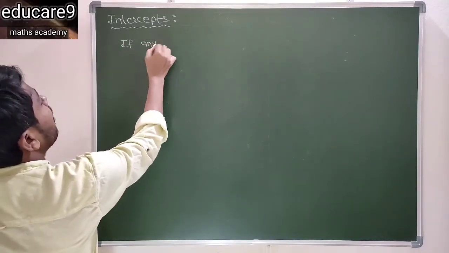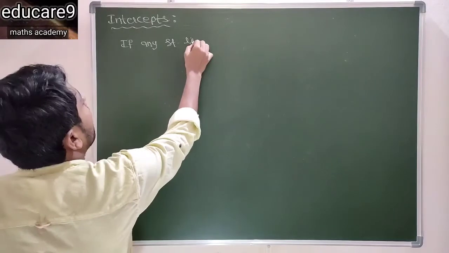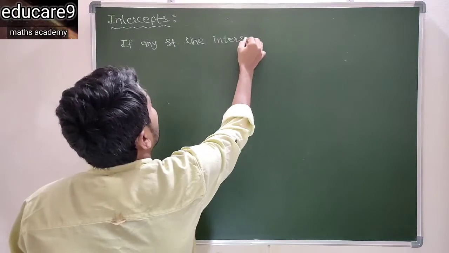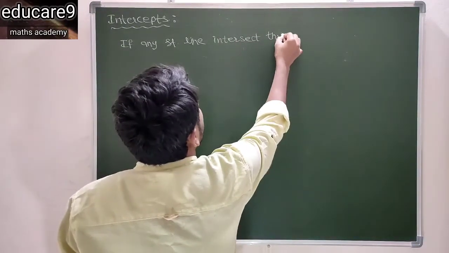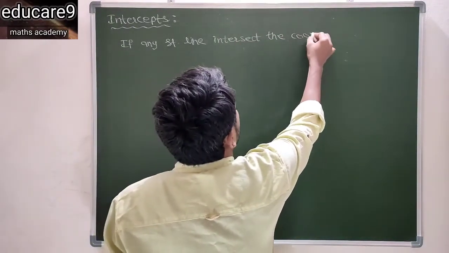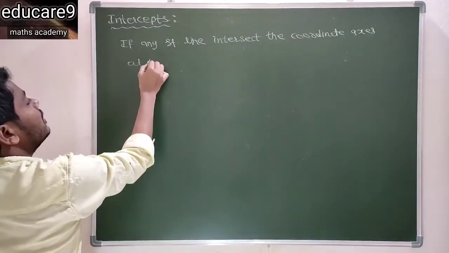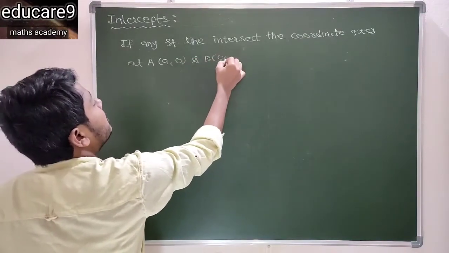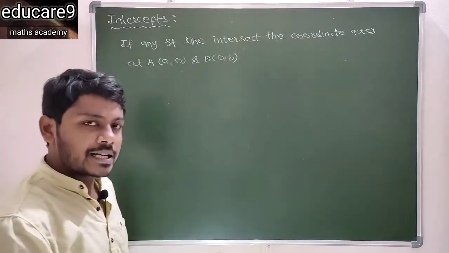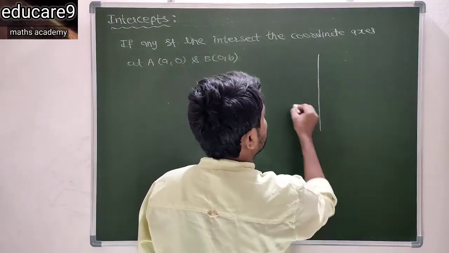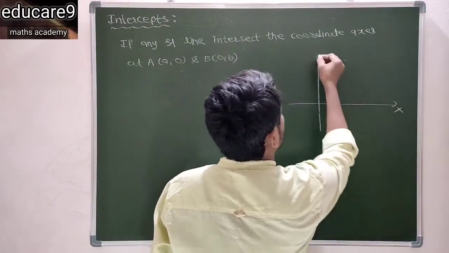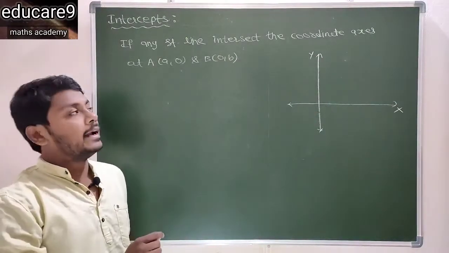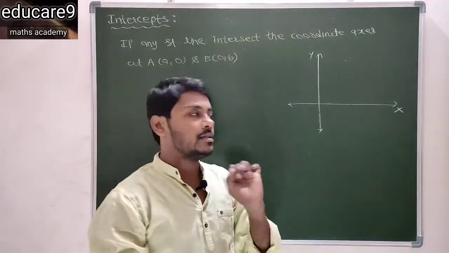If any straight line intersects the coordinate axis at (a, 0) and (0, b). Consider the coordinate axis, this is both the x and y axis.